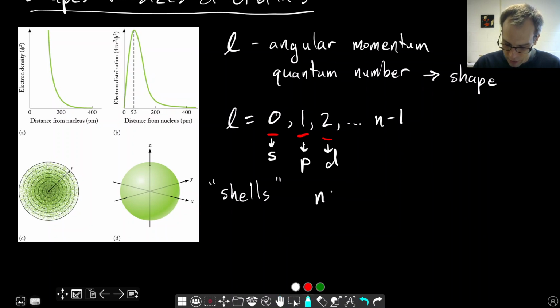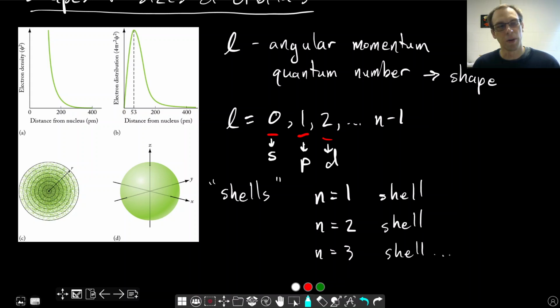So we have the n equals 1 shell, the n equals 2 shell, the n equals 3 shell, and we can continue that. And the different values of L are known as subshells. So if you have n equals 1, there's an L equals 0, or s, subshell.